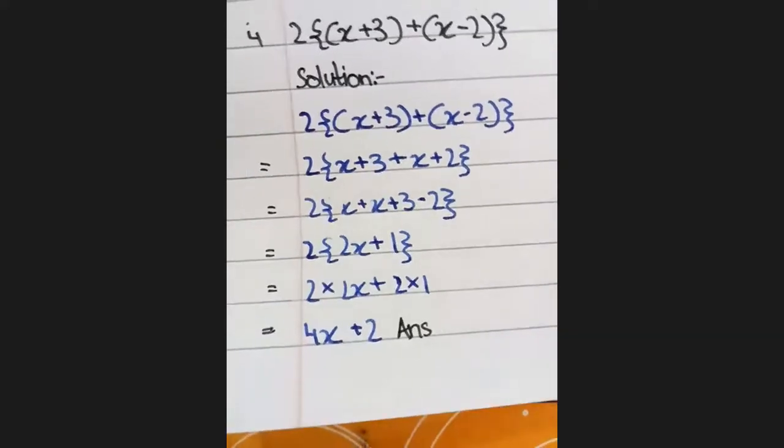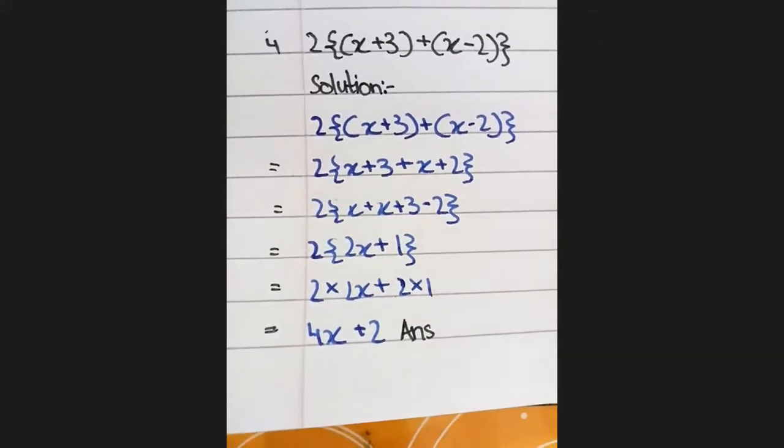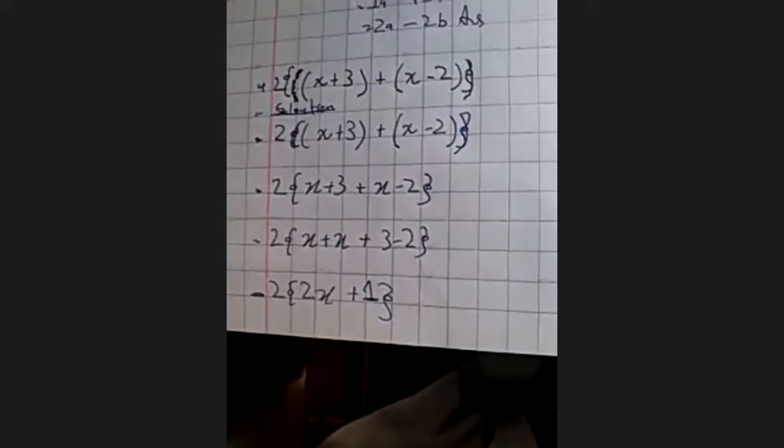Okay, Haya. Very good, Haya. Very good, beta. Okay, next is this one. Who is Abdul Rafi? Okay, Abdul Rafi, where is the answer, beta? Okay, fine. Okay, good.